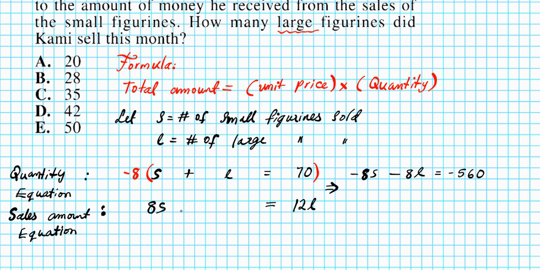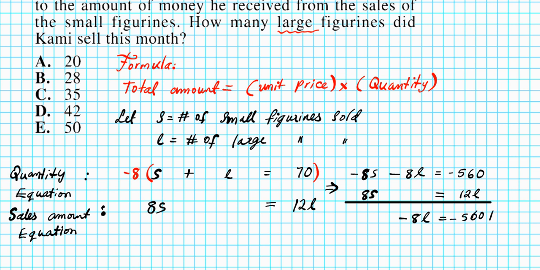And then here we have 8S equals 12L. Alright, so you just simply combine these two equations, and what results? If we combine these two equations, the S's cancel out as we desired, so we have negative 8L is equal to negative 560 plus 12L.